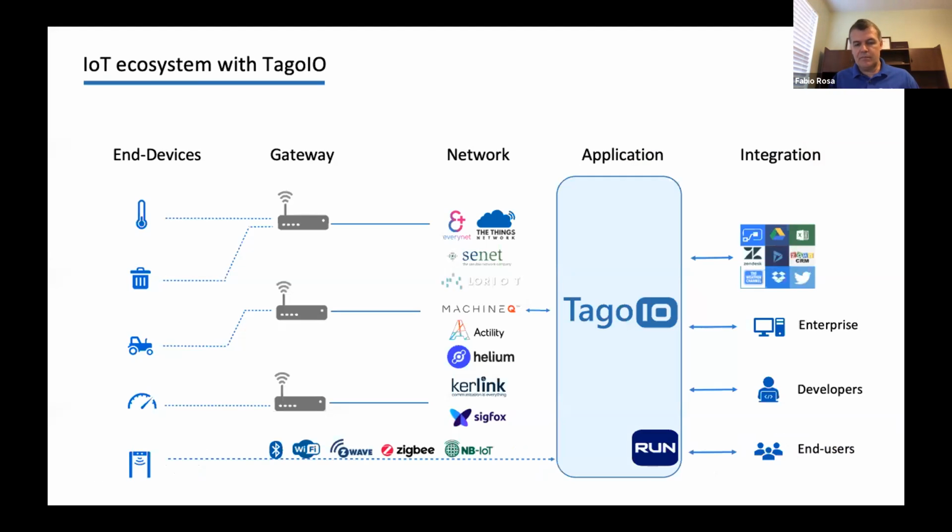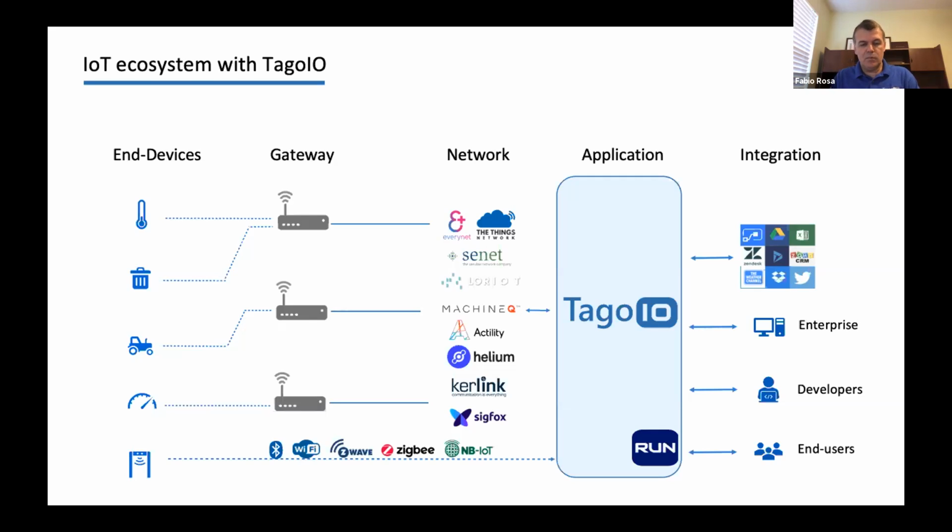Talk about the ecosystem, very high level here. TagoIO allows you to build the application. So we have connectors that allow you to get the data from the end devices, normally sensors for temperature, or to measure the status of something, or humidity, or any kind of data through a network.